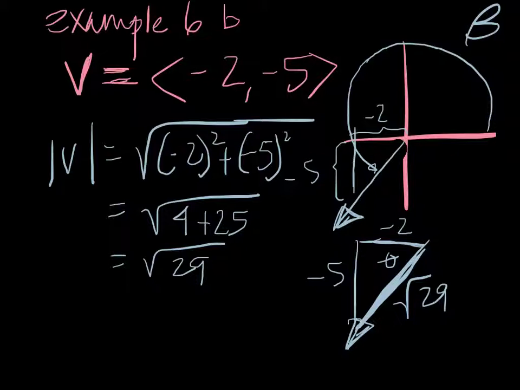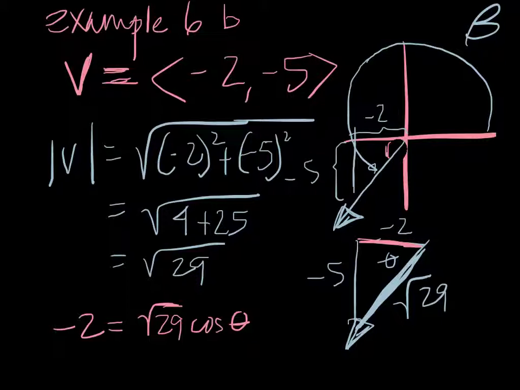Now, what I want to do is, like we did before, set this length, -2, equal to the magnitude of v, square root of 29, times cosine of theta. This is where it makes sense to have different symbols for different angles, because theta is the angle your vector makes with the x-axis.